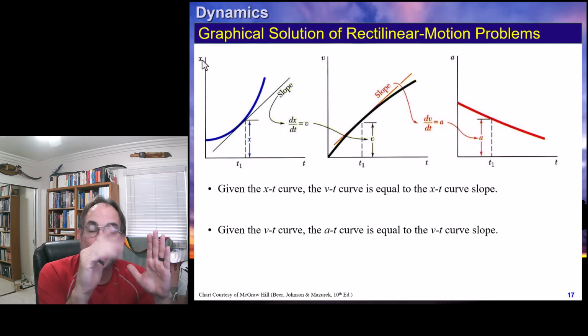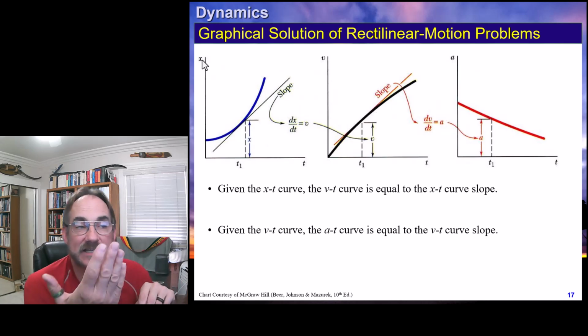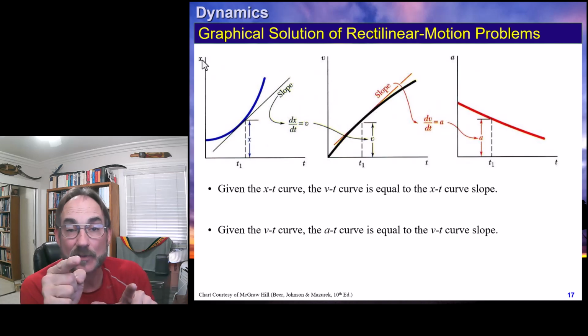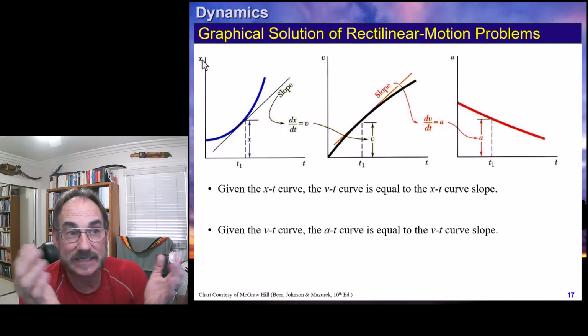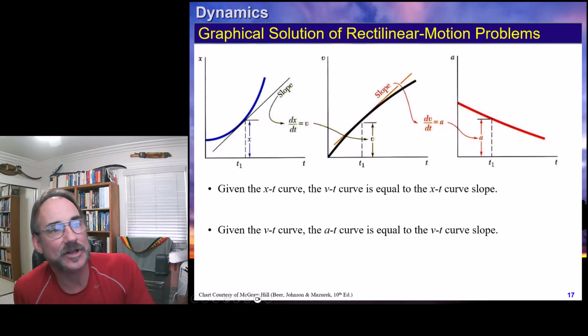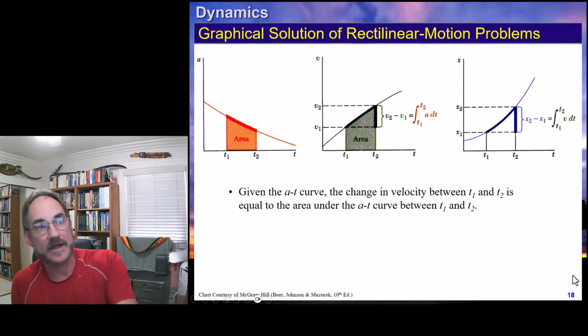Also, the slope at any point gives us the instantaneous velocity. If we then plot the velocity curve, the slope of the velocity curve gives us the instantaneous acceleration. So we can look at the slope, and that relates one to the other from our derivative equations.